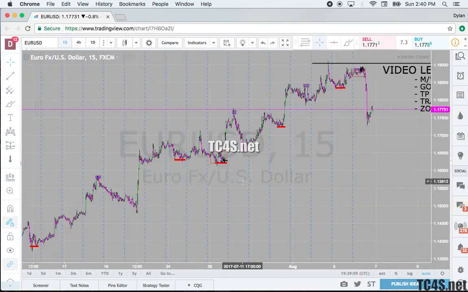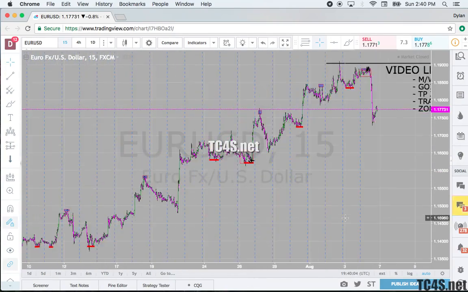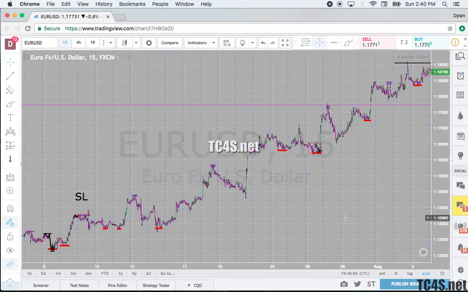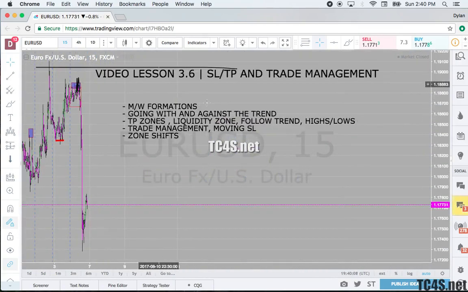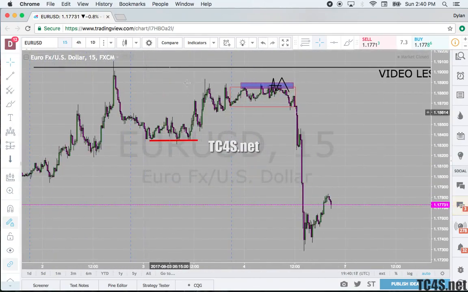Now, this is really all I wanted to explain for you guys today for this video lesson 3.6. I mean, this is really self-explanatory. Once the M or the W formation has shifted out of its consolidation and it has shifted in its zone, place your stop loss into profit.